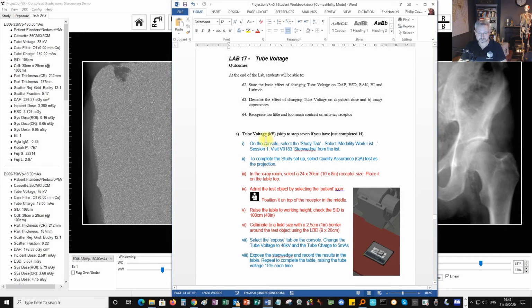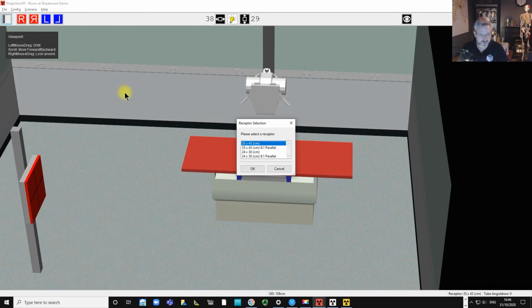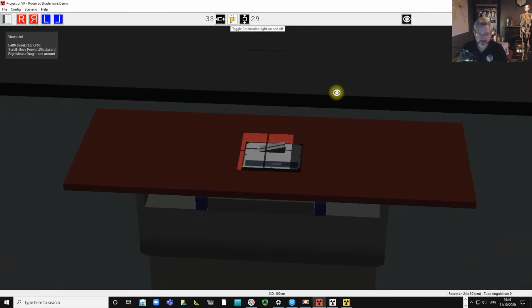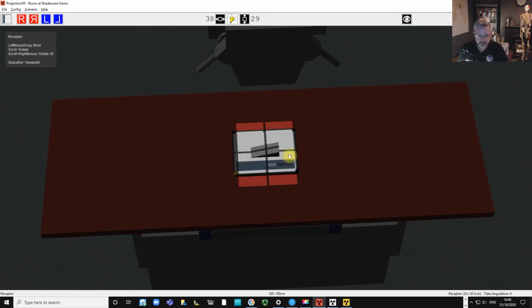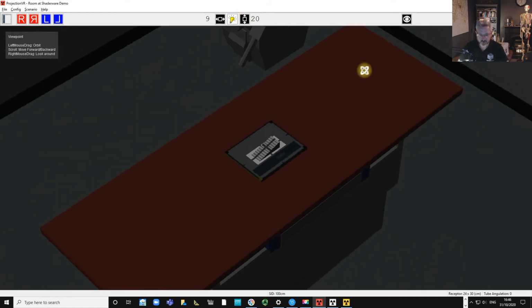So lab 17. Going back to the step wedge now, and bring a small receptor in. And we need to be about an inch all the way around, as we were before.